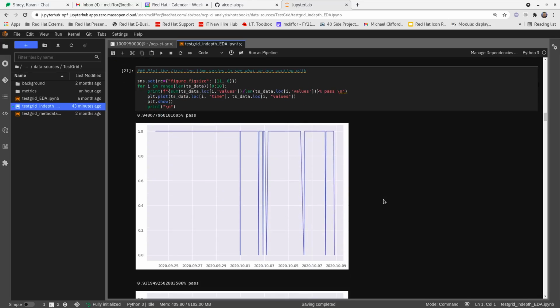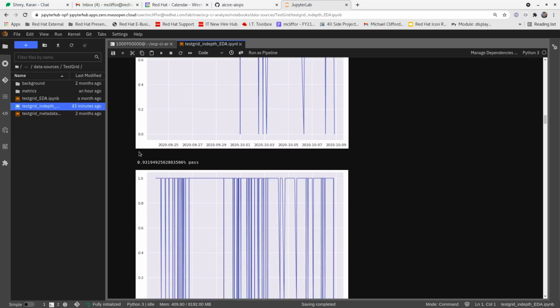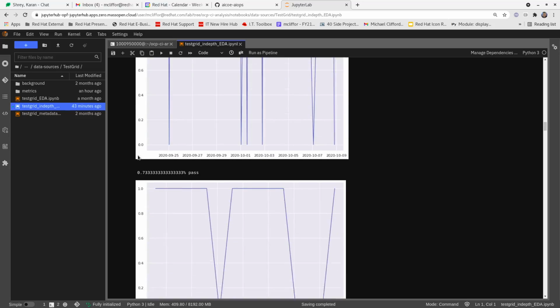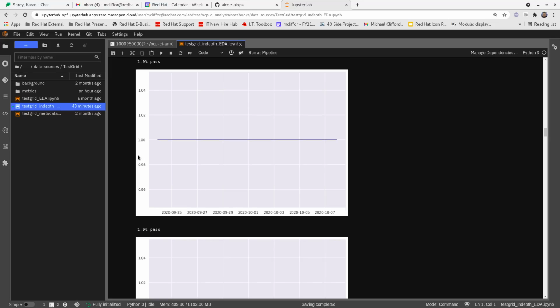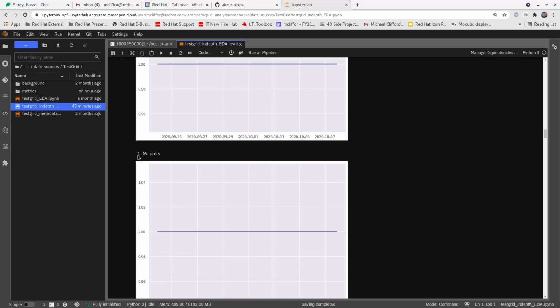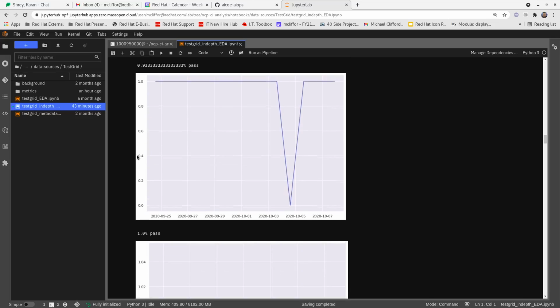Just to give everyone a sense of what we're looking at, we can see these different time series and calculate the pass rate for all of them. So we have 94% passing, 93, and so on. You can see how this test evolves over time on different grids.